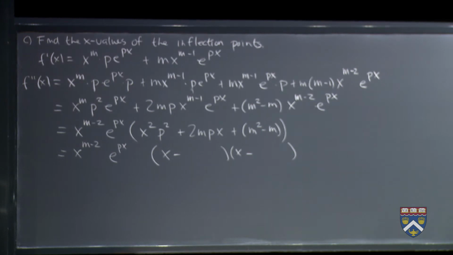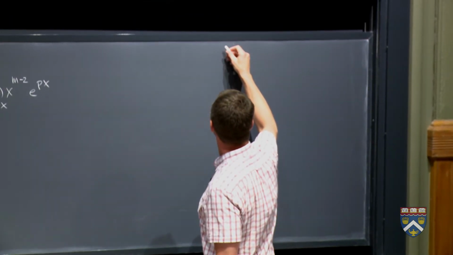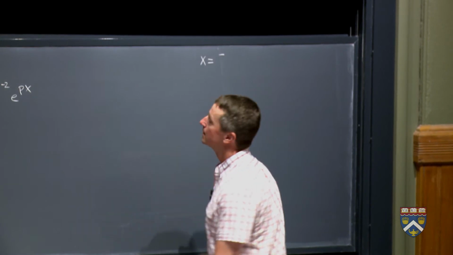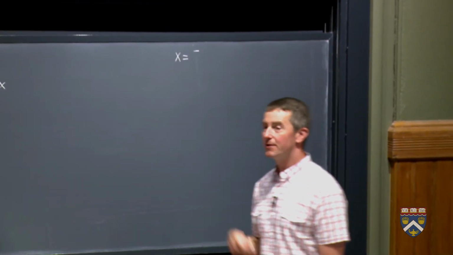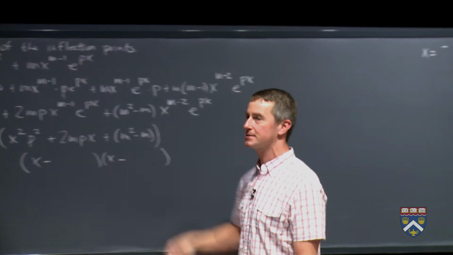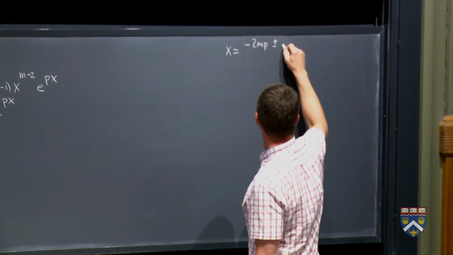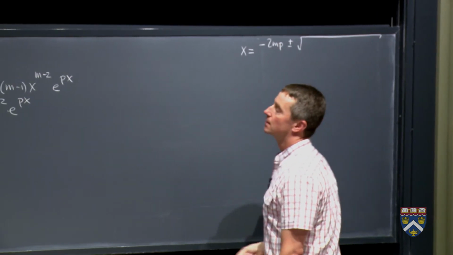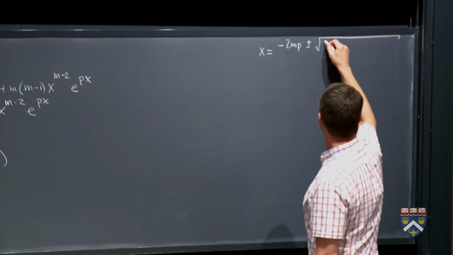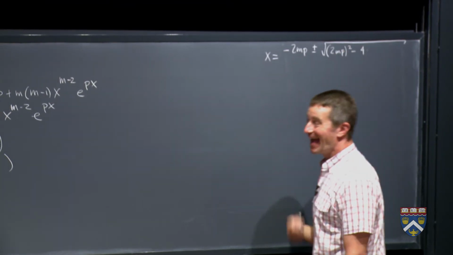So if I do the quadratic formula on this, let's just remember what the quadratic formula says. It says x is supposed to be negative b. This is the b, right? B is the coefficient on the x. So minus b, minus 2mp, plus or minus the square root of b squared, so 2mp quantity squared, minus 4ac.